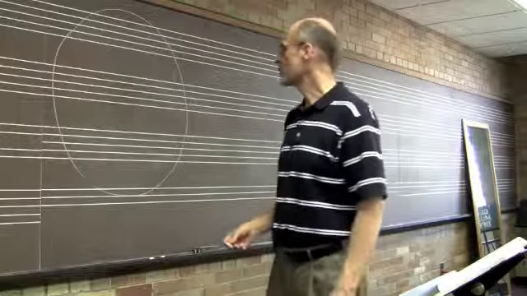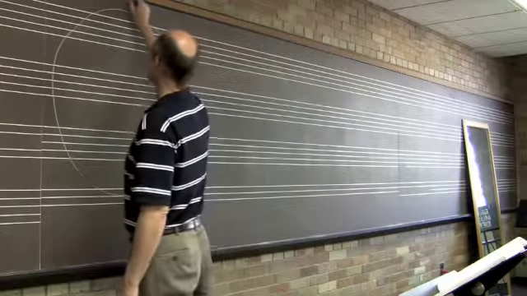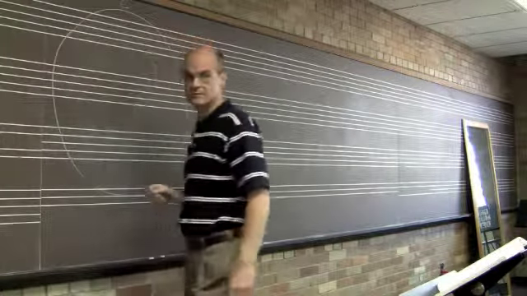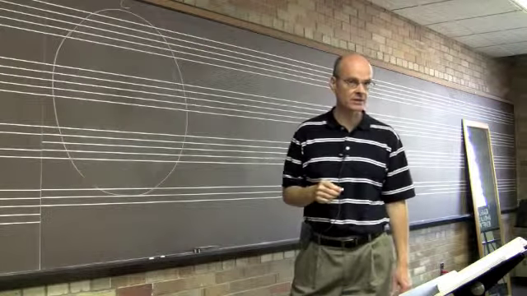All right. At 12 o'clock on the circle, write C. And use capital letters on this.